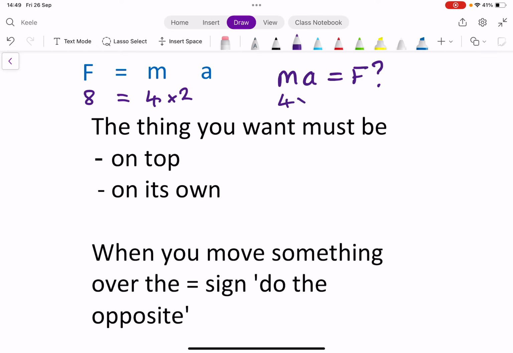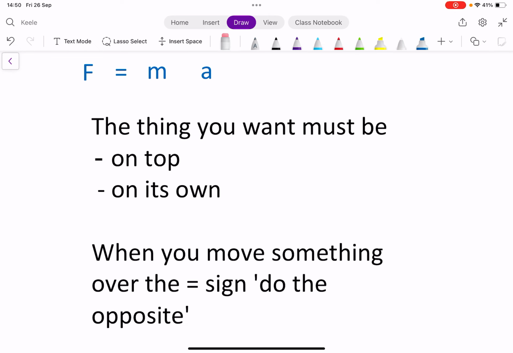We could also write that as 4 times 2 equals 8. It's exactly the same thing. It doesn't matter which way around you write it. The same is true for letters. Incidentally, if you're rearranging equations and you're not sure if you've rearranged an equation correctly, do the same thing. Put some really simple numbers, like 2 times 4 equals 8, in instead of the letters. Rearrange the numbers and see if it works for you.